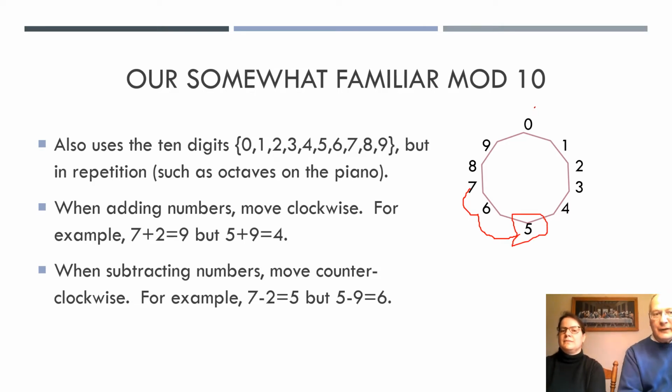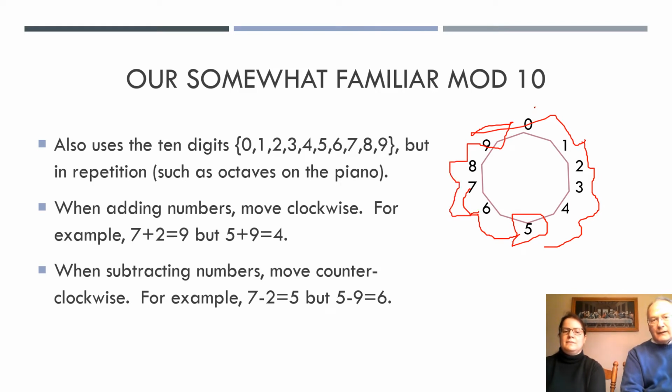So nothing strange there. But 5 minus 9, if we start with 5 and we go clockwise 9 digits, 1, 2, 3, 4, 5, 6, 7, 8, 9, we end up at 6. So 5 minus 9 equals 6.